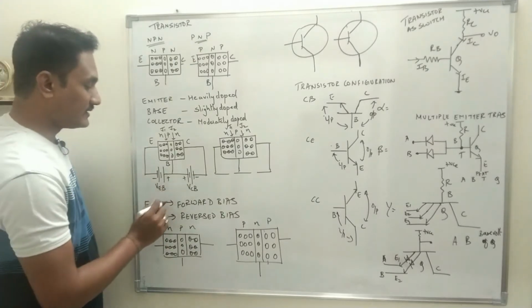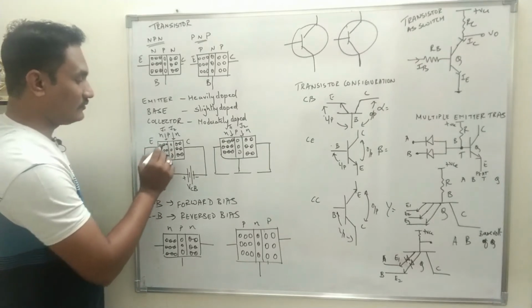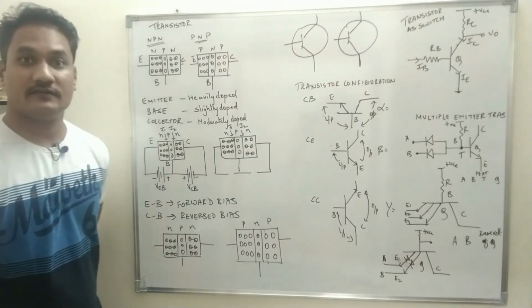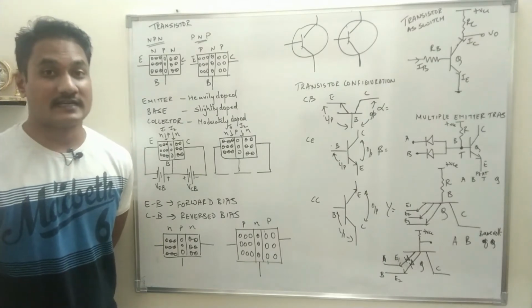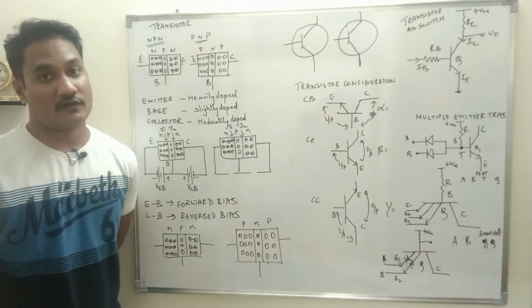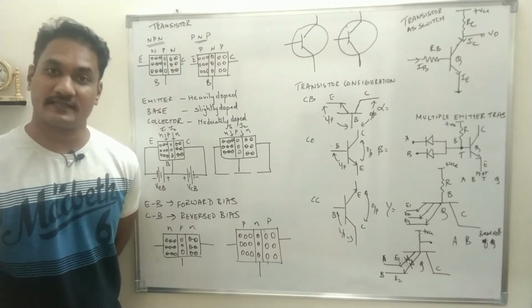Now for junction J1, N is connected to negative and P is connected to positive. If the same polarity is connected to the terminals, the junction is forward biased. In forward bias, resistance is zero, and current will easily flow through the junction.